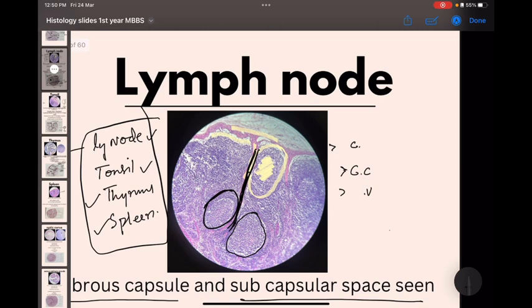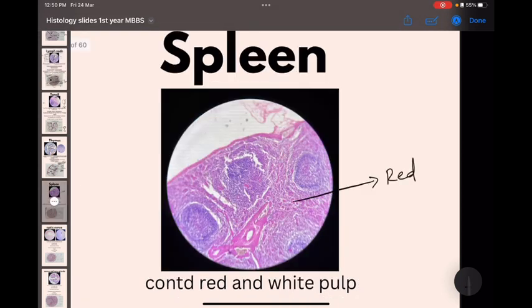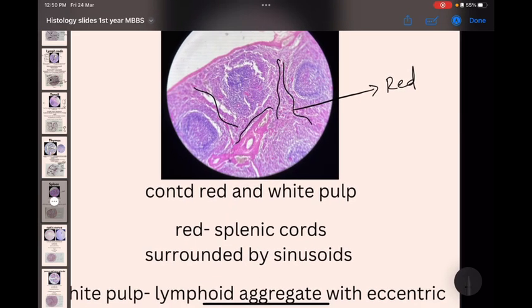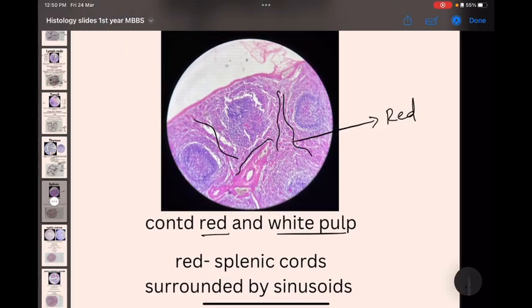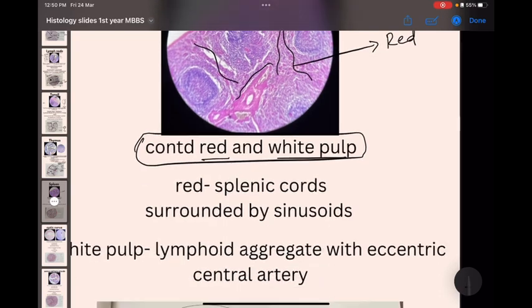Even the lymph node is not darkly stained, whereas in spleen you can see the reddish texture here. It contains red pulp and white pulp. As soon as you see the reddish slide, this is a spleen.